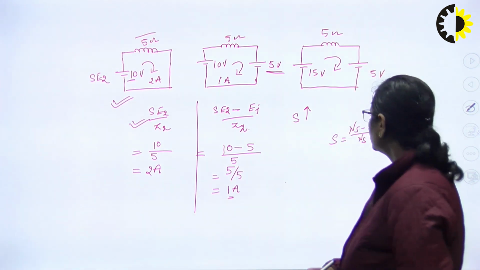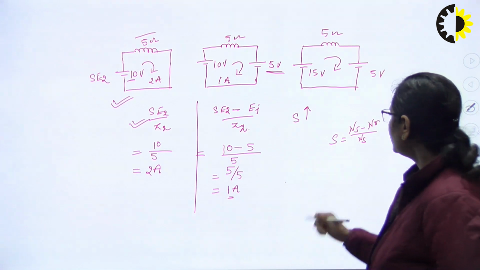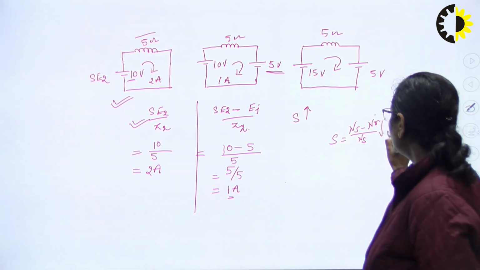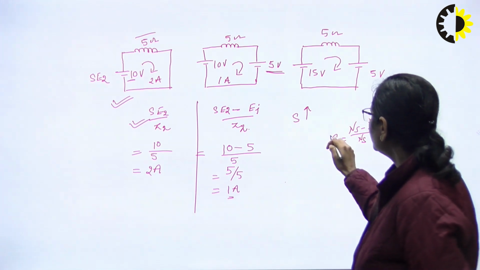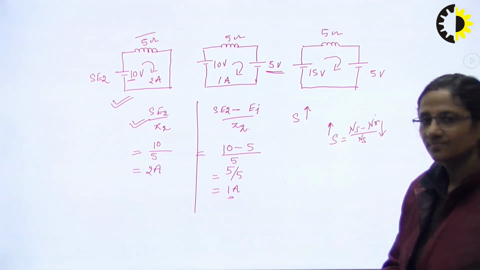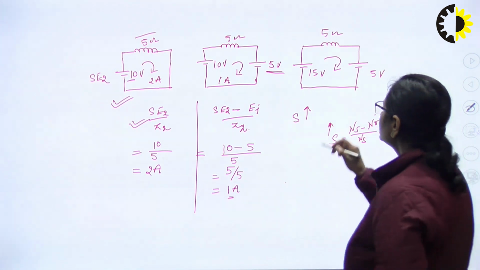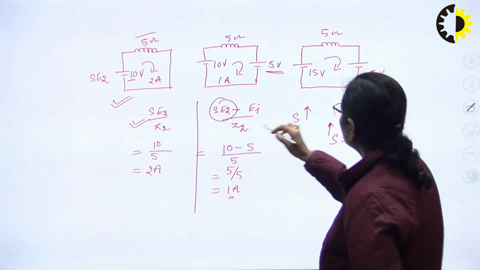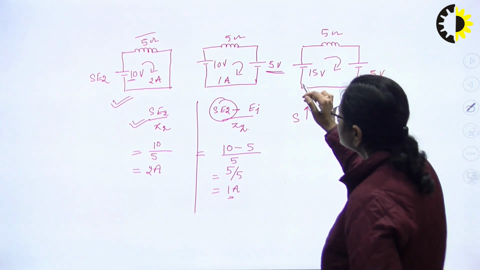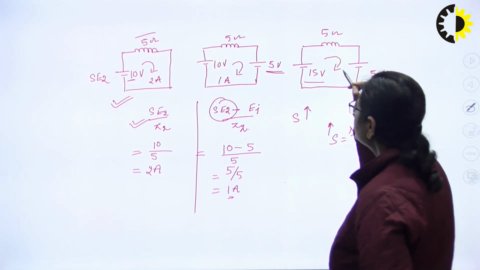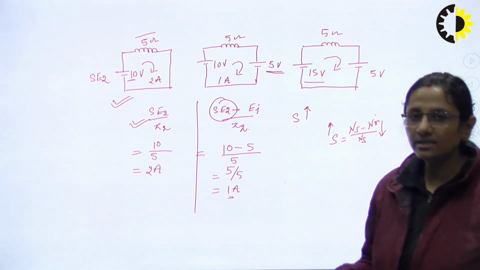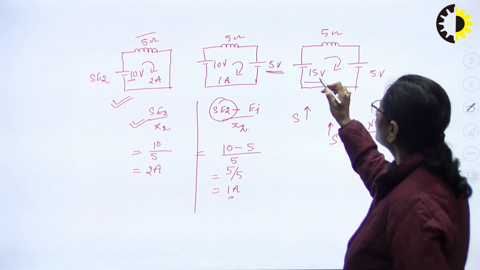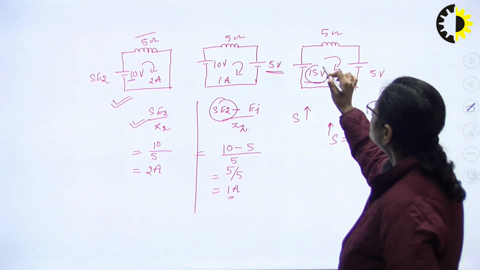So, when the rotor speed is reducing, it will cause a corresponding increment in the slip. An increment in the slip will increase this part of the EMF. Let us consider that, because of the increment in the slip, the EMF SE2, for example, becomes equal to 15 volts.